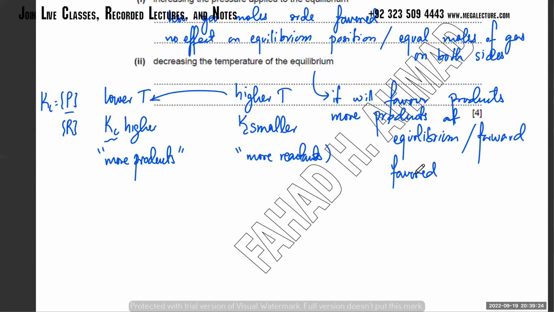So that means the forward must be the exothermic reaction. Because you're decreasing temperature and a particular reaction is getting favored. Whenever you decrease temperature, the exothermic reaction gets favored. Is that clear? Okay, this is clear.